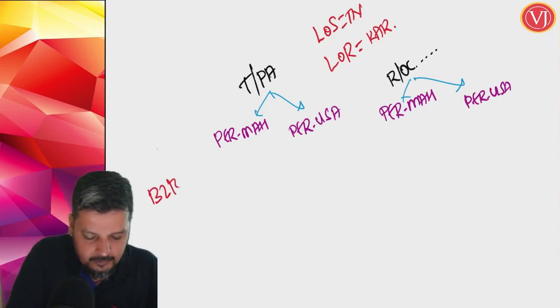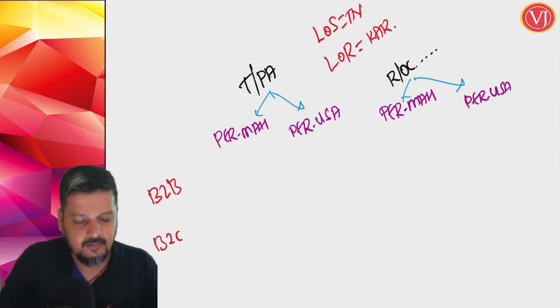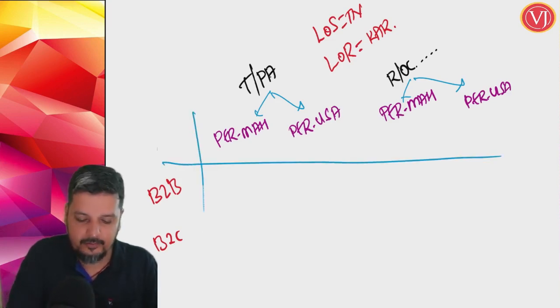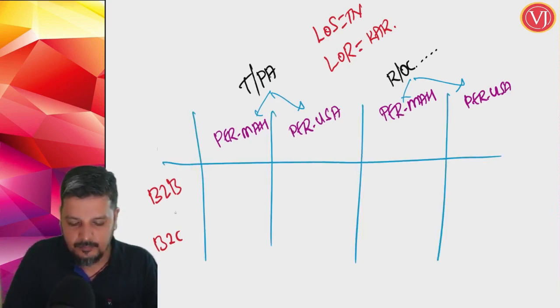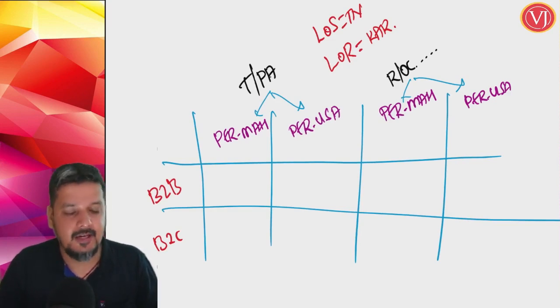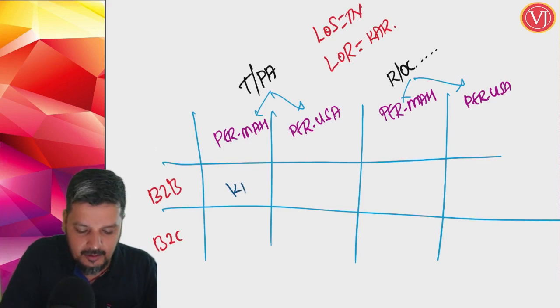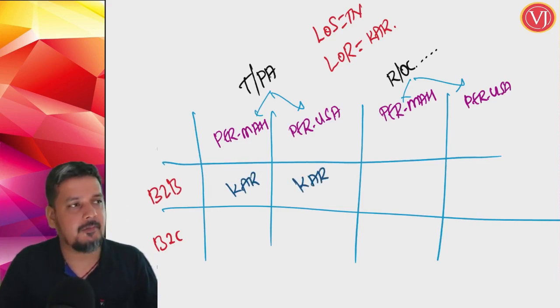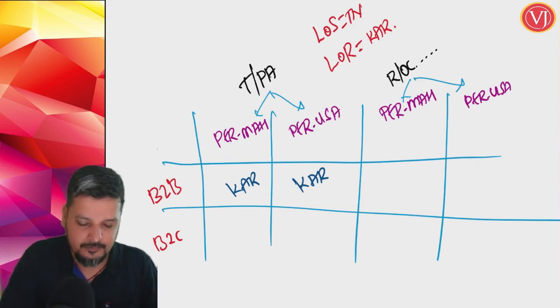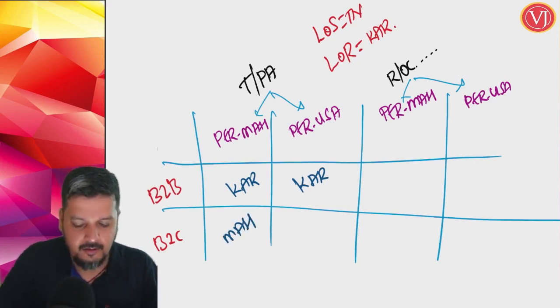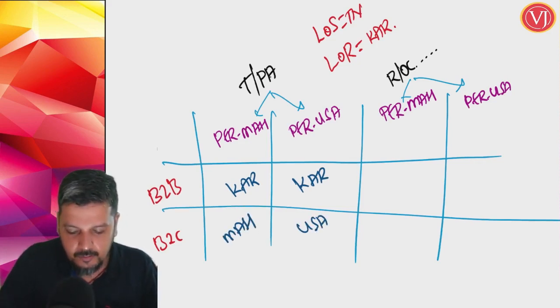B2B case, B2C case. If it is B2B case, training and performance appraisal, what will be the answer? The answer will be Karnataka, for training and performance appraisal. If it is B2C, where performance happens: Maharashtra, USA.